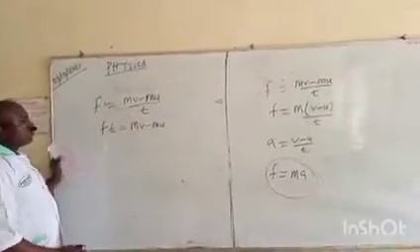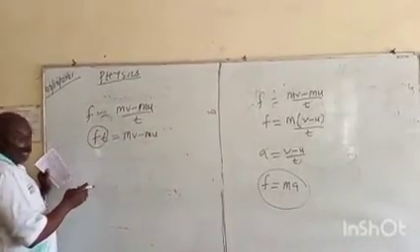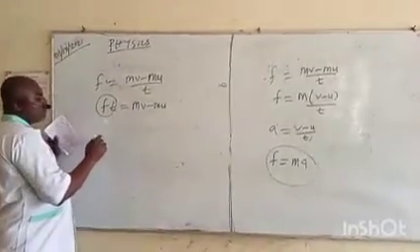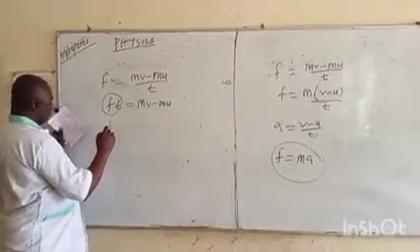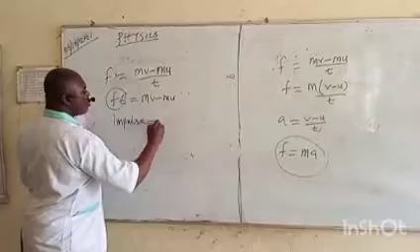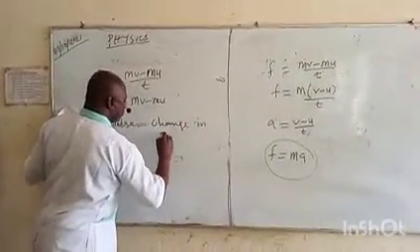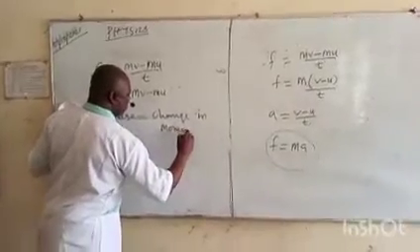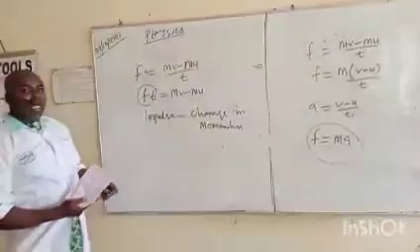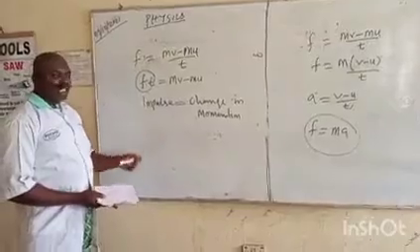So it shows that this is what we call impulse by definition, because we said impulse is the product of force times time. So it implies that impulse is equal to change in momentum. So this Newton's second law can give us a relationship between impulse and change in momentum.